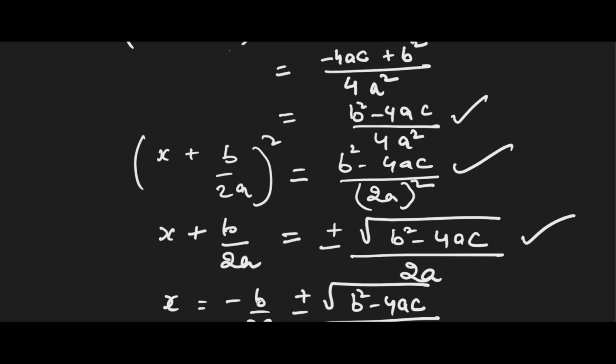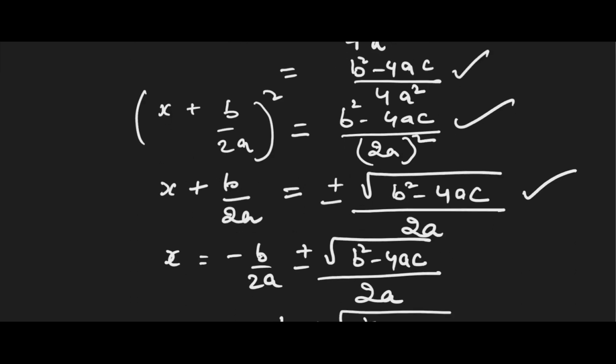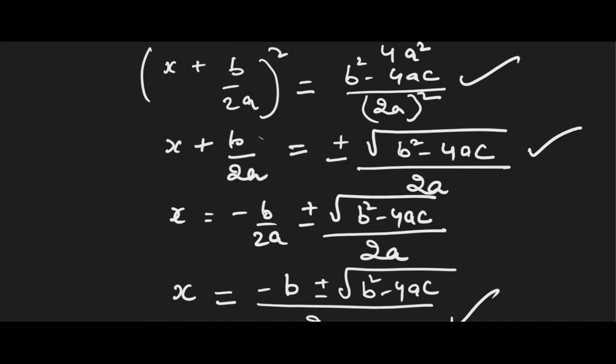So after this step, I took the square root on both the sides. I got x plus b by 2a is plus minus square root of b square minus 4ac by 2a. Now I took b by 2a to the right hand side and I got x is equal to minus b by 2a plus minus square root of b square minus 4ac by 2a.